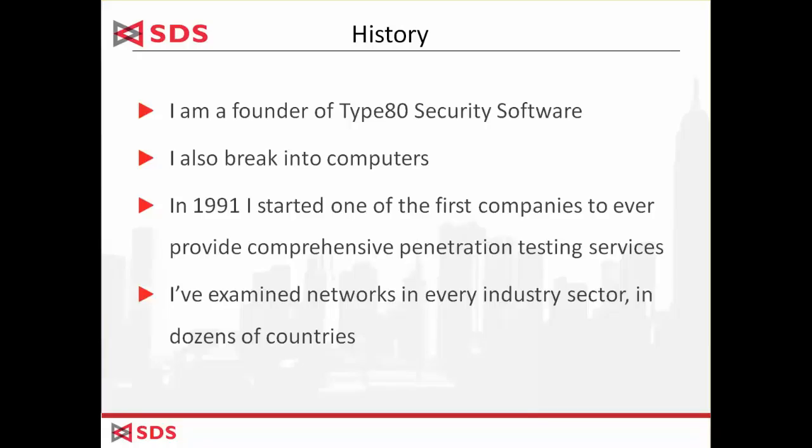And since then, I've had the opportunity to look at networks in every industry sector in dozens of countries around the world. And what I've seen will probably shock you, but I wanted to talk about some of these experiences and how they relate to enterprise-level security in a way that you may not really be thinking about.